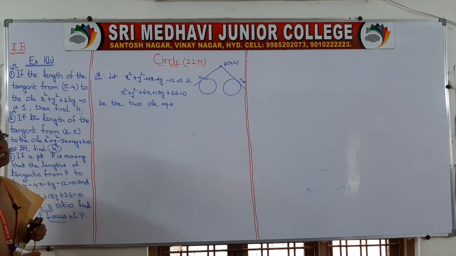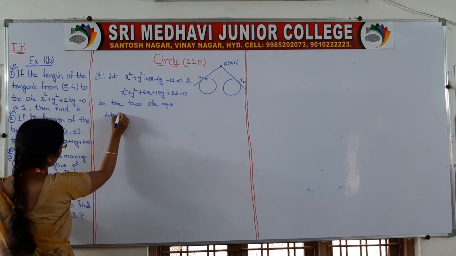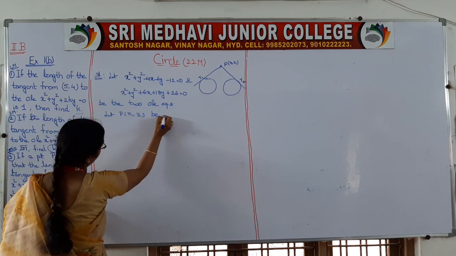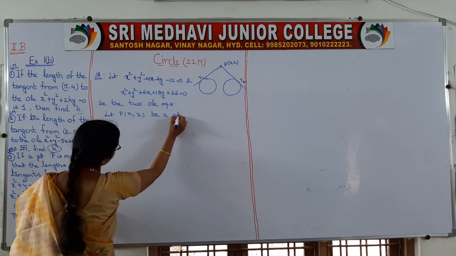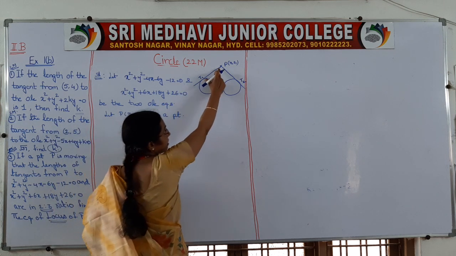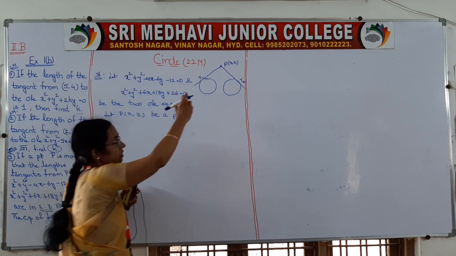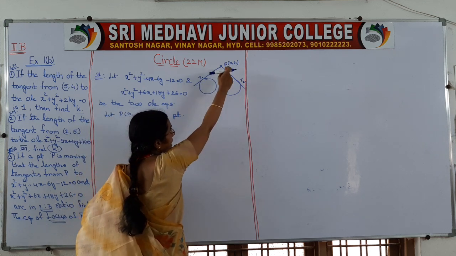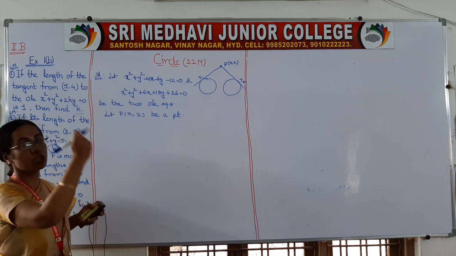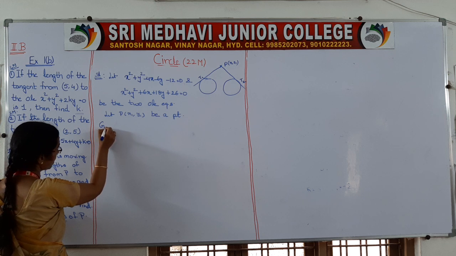Okay, so here it is given that let P(x1, y1) be a point, right? So now the lengths of the tangents PT1 and PT2, one length is PT1 and another length is PT2. If we take their ratio, it is 2:3. So what is the given information?